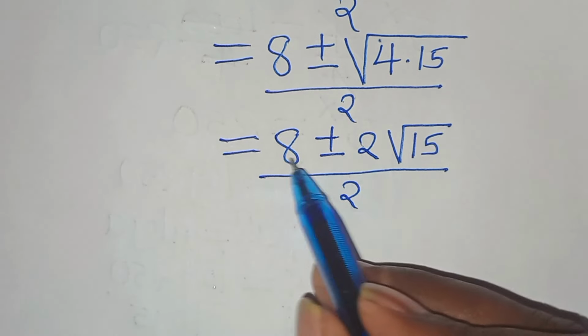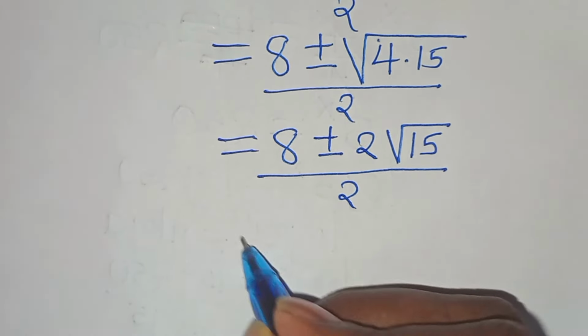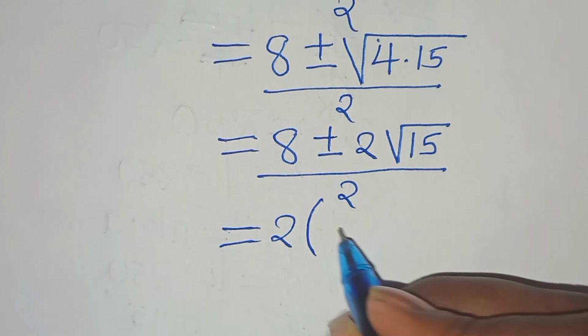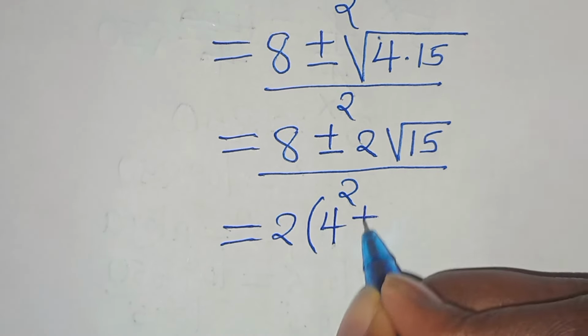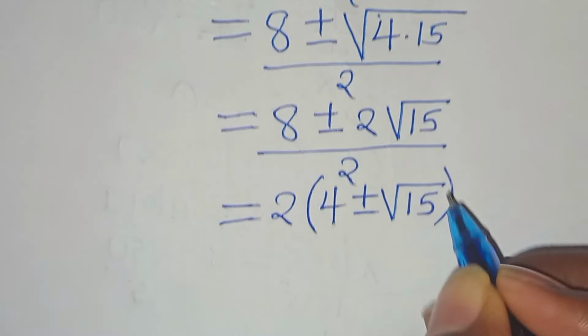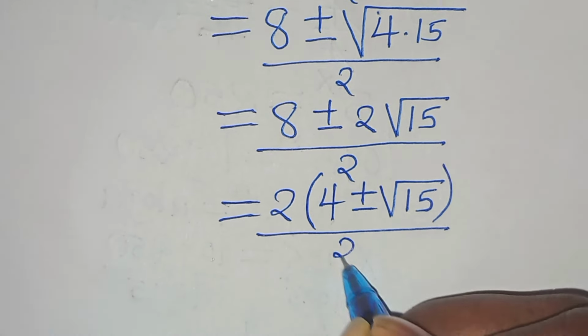Now, since in the numerator 2 is common, we can factor out 2 into the parentheses. We have 4 plus or minus the square root of 15, close the parentheses, everything divided by 2.